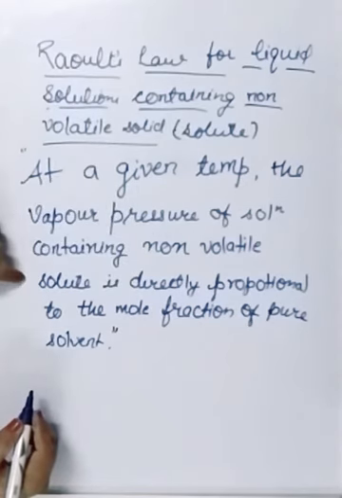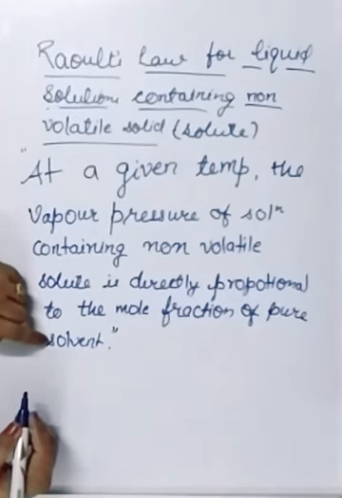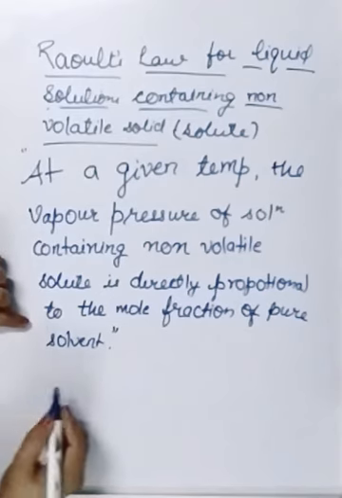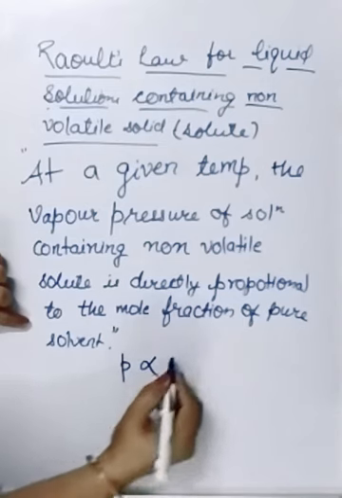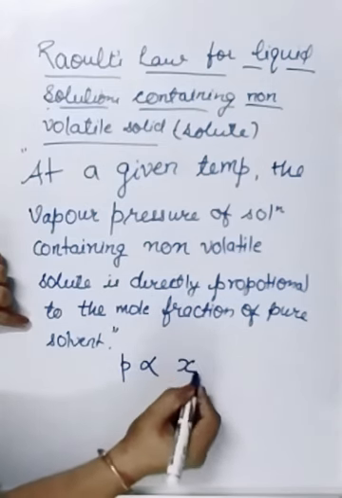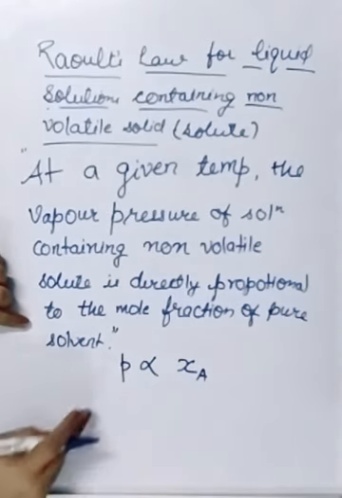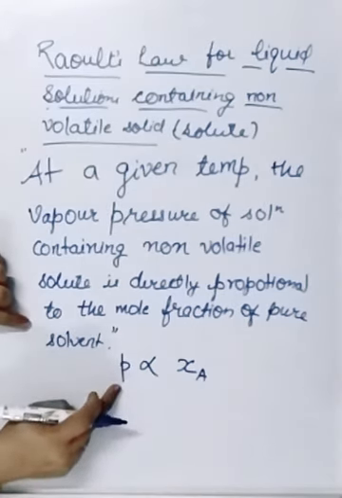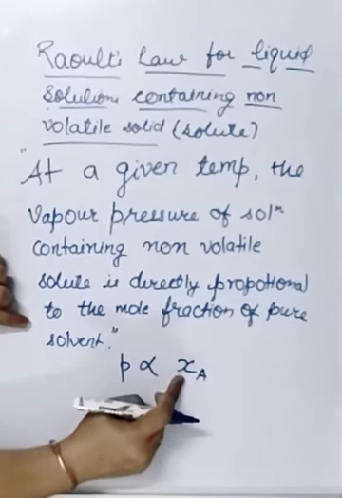Because solute is non-volatile, it will not contribute in formation of vapor. There will be no vapor pressure due to solute. So only solvent is responsible for the vapor pressure. So how we will see? P, the total vapor pressure of solution, is directly proportional to mole fraction of A. This we have seen that P is total vapor pressure of solution, XA is the mole fraction of solvent.